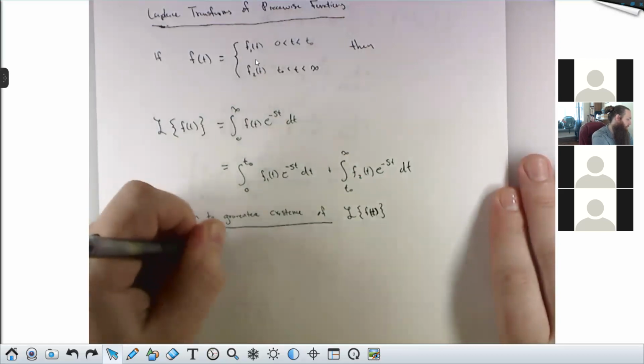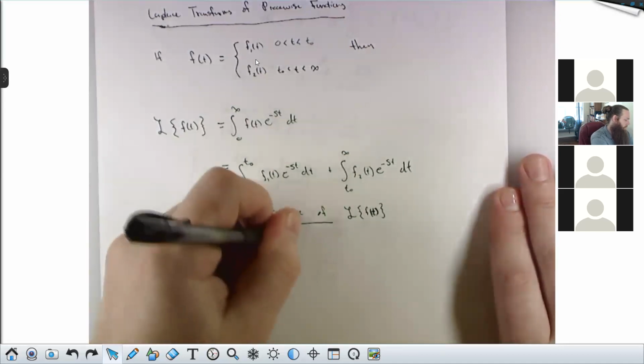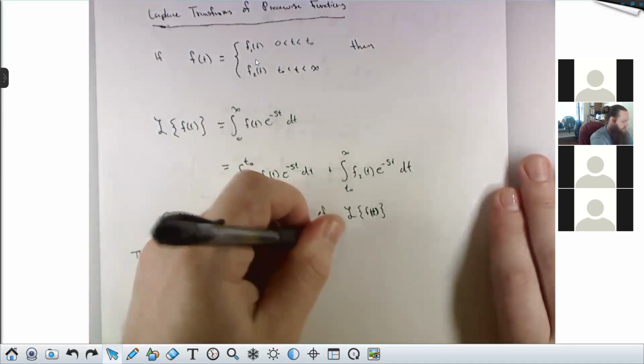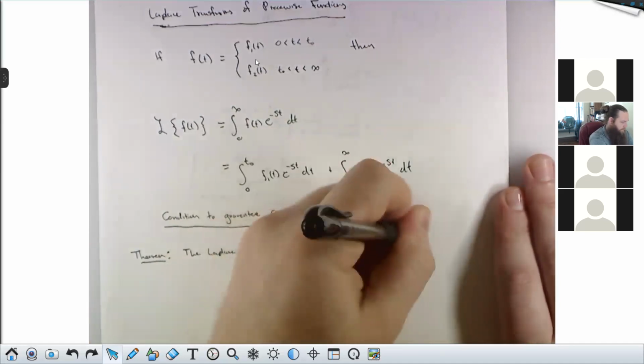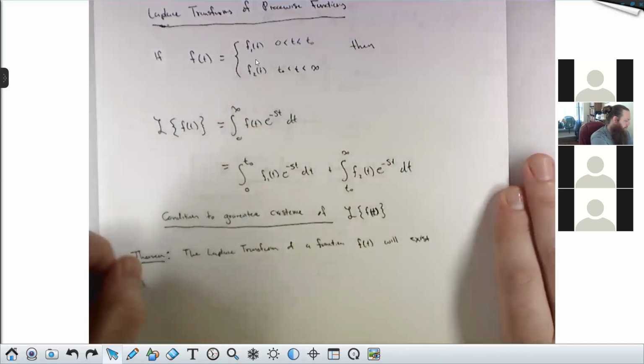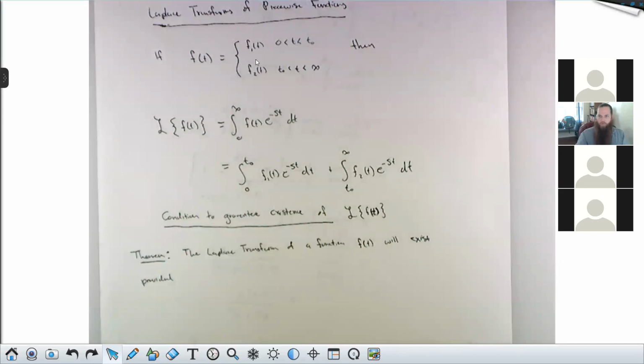The Laplace transform of a function f will exist provided the kernel can drag it down fast enough. Remember, improper integrals only have a chance of converging, kind of like infinite series, if the thing you're integrating gets really small.